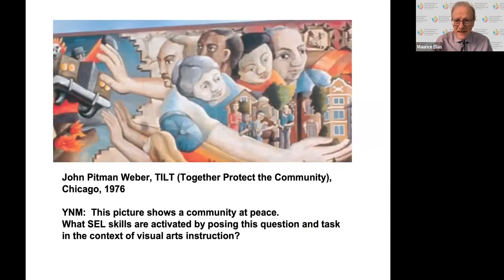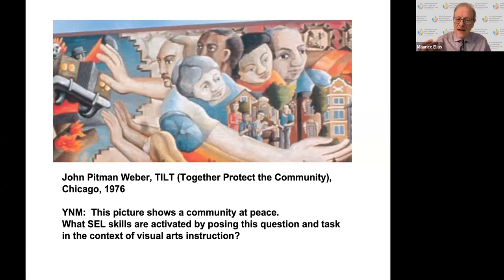Another example, getting kids, again, looking at a picture like this, the yes, no, maybe is, this picture shows a community at peace. Yes, no, maybe. Some kids look at this and they do think the answer is yes, because they're focused a little bit more on the right side of the picture. Other kids say no because they're focused on the left side of the picture. Other kids say maybe because they're focused on the whole picture.